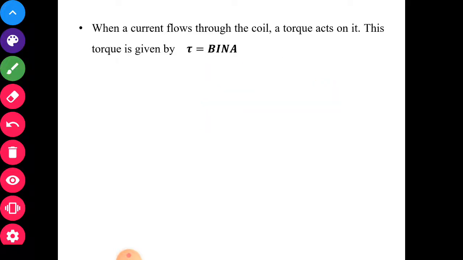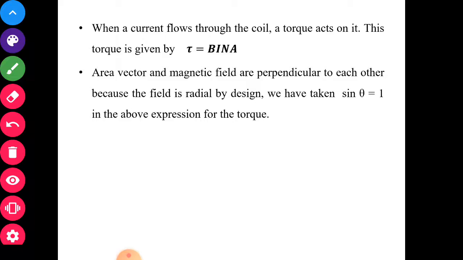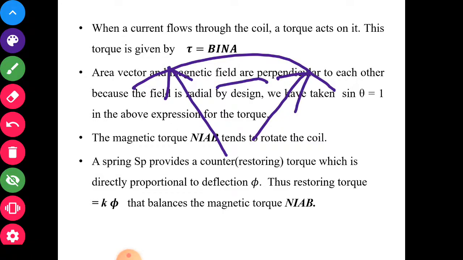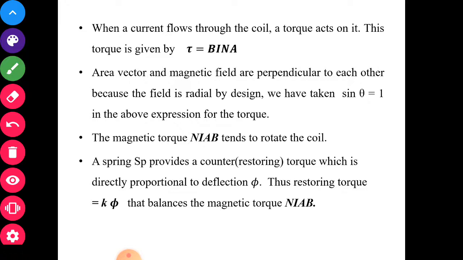As the area vector and magnetic field are perpendicular, sin 90 is 1, so the magnetic torque NIBA will rotate the coil either towards left or right. According to the current direction the coil will rotate and the pointer will go either towards left or towards right. This is the torque which tends to rotate the coil.